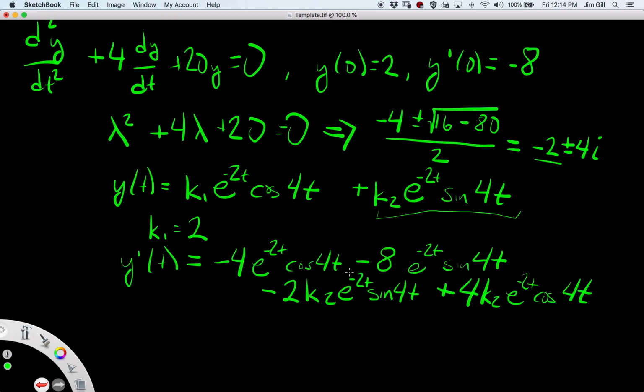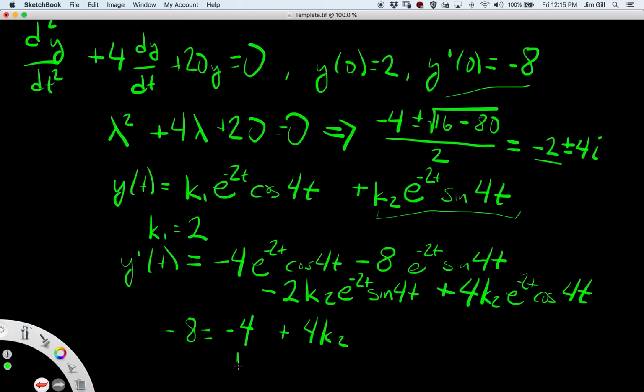Now, remember, just as before, we're plugging in 0 into the derivative, so terms with sine are not going to matter. And so what do we get? We get negative 4 plus 4 k2 is equal to negative 8.